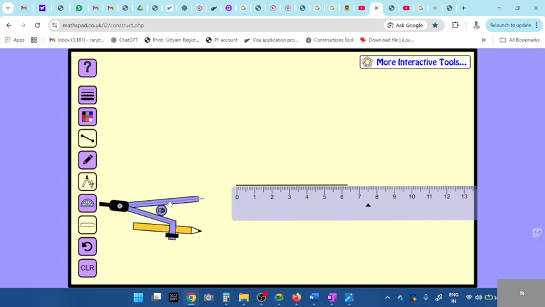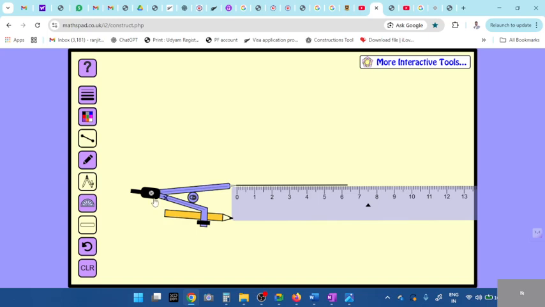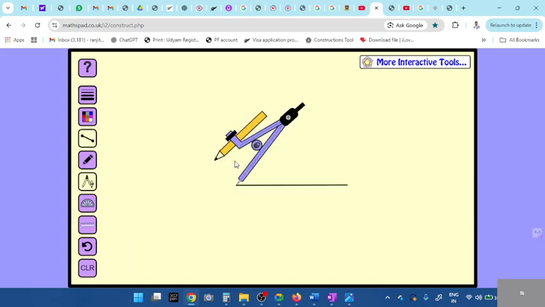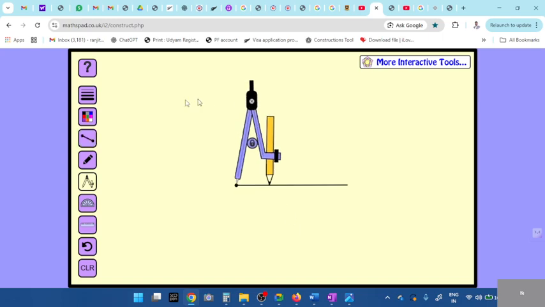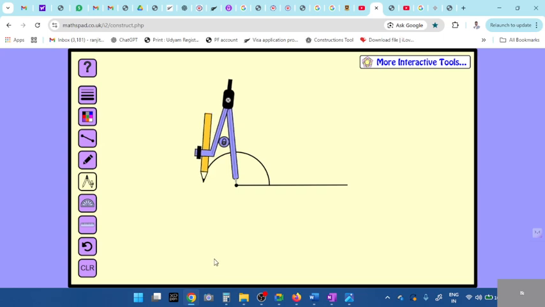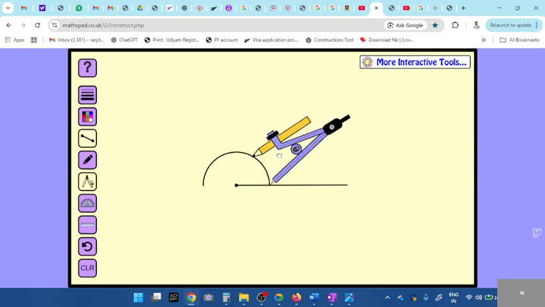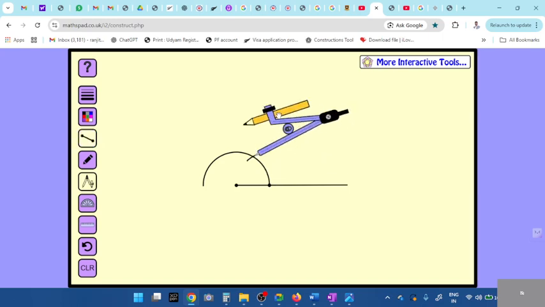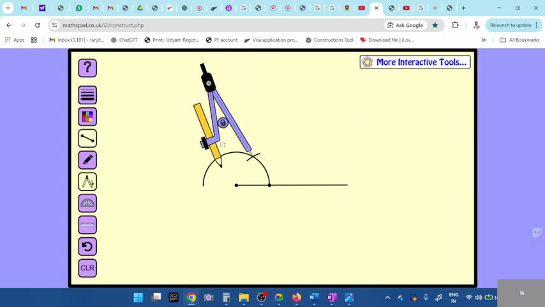Then we need to draw 75 degrees. For 75, we need 90. For 90, you need 60 and 120, students. All this calculation I have explained to you all, the construction part.